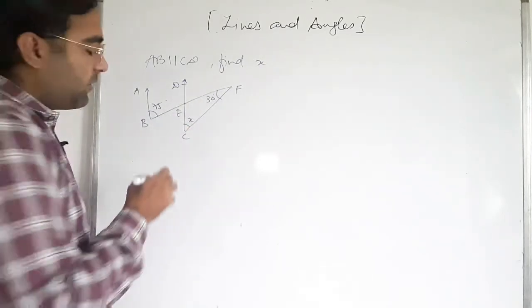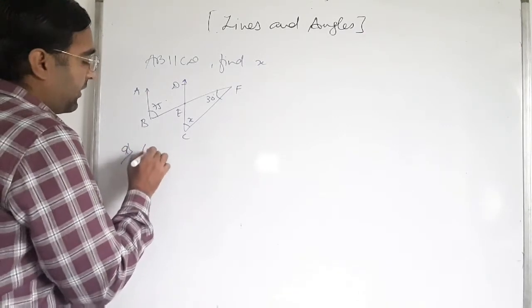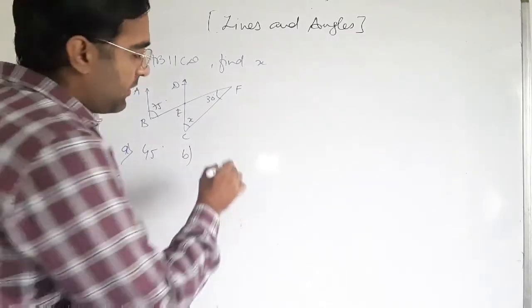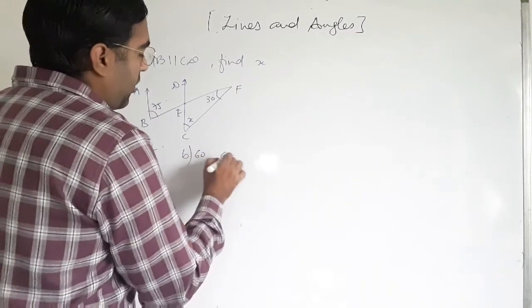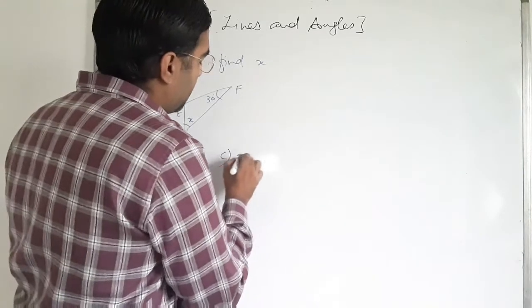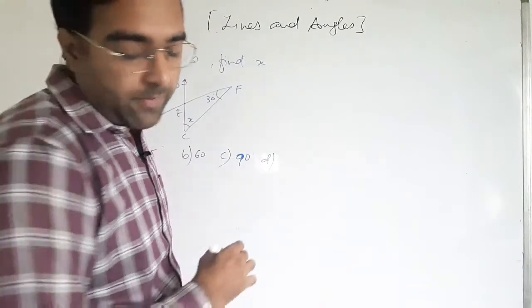So the options are: option A, 45 degree; option B, 60 degree; option C, 90 degree; and option D, 105 degree.